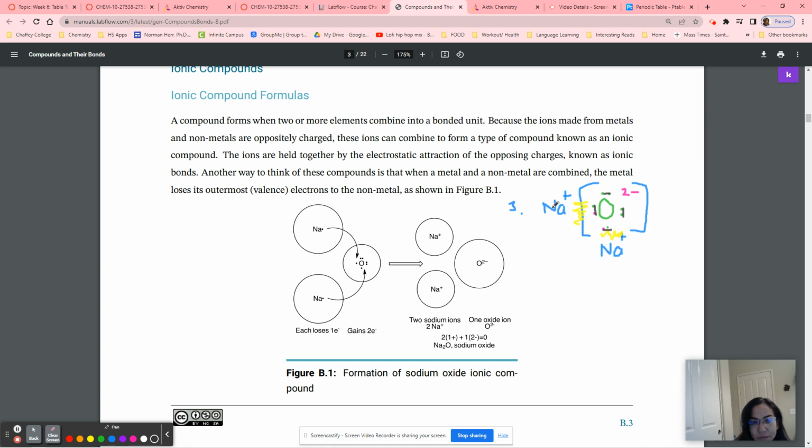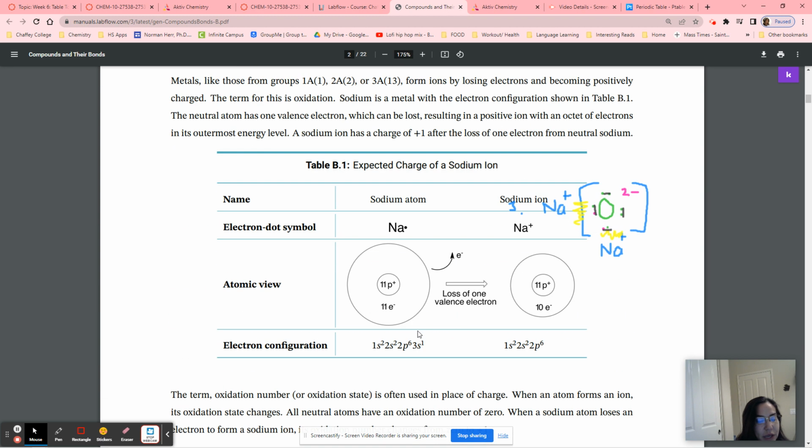And sodium, which gave away its electron, is very happy right now. It's living off of its other energy shell. So it has 8 valence electrons, 6, 7, 8. Energy shell number 2 has 8. It's very happy, plus it has a positive charge.